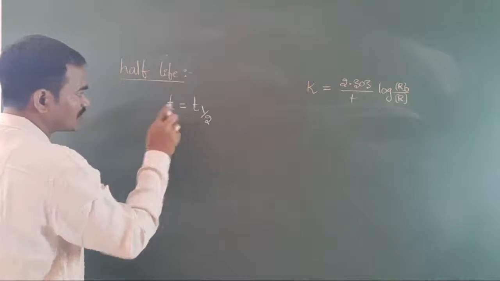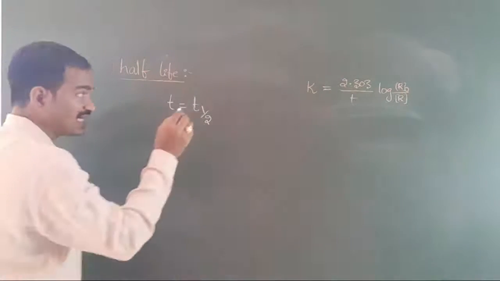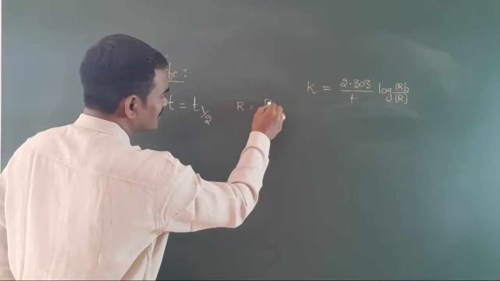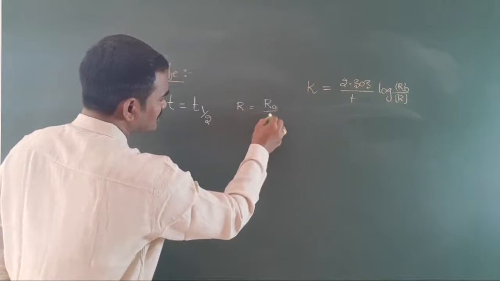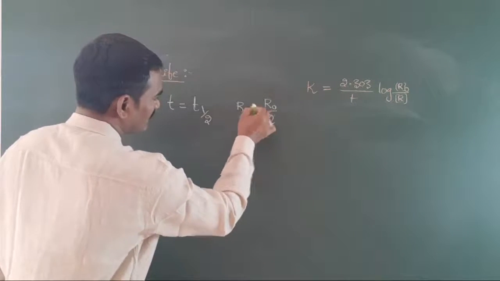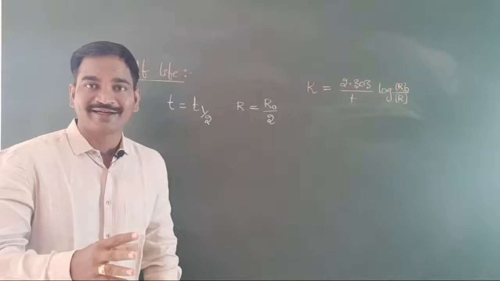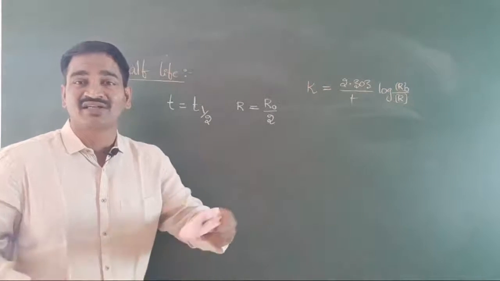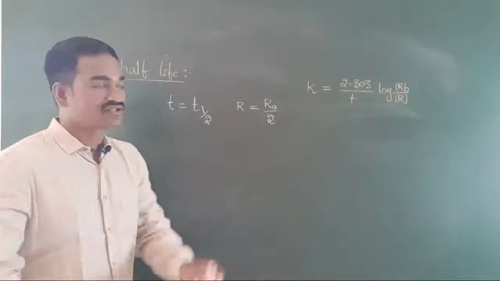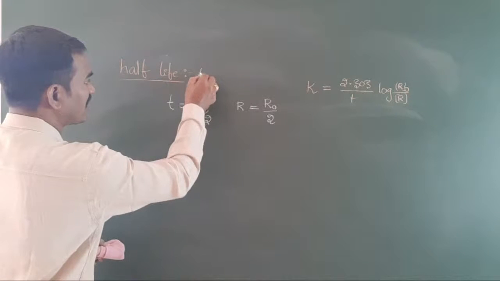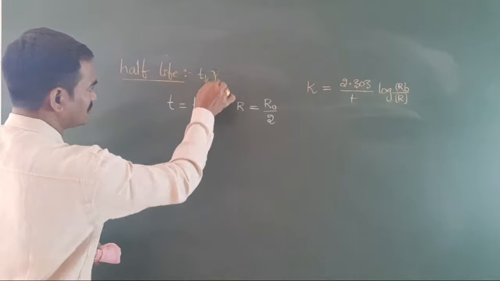And concentration R means the initial concentration should become half. What is half-life? The time taken to become initial concentration into its half is called half-life. Half-life we represent as t half with this expression.